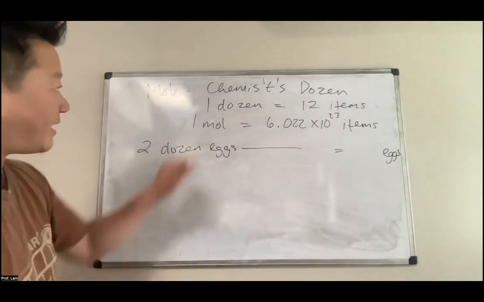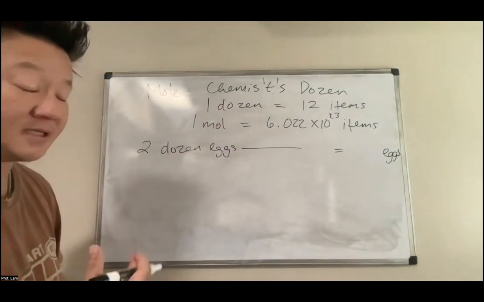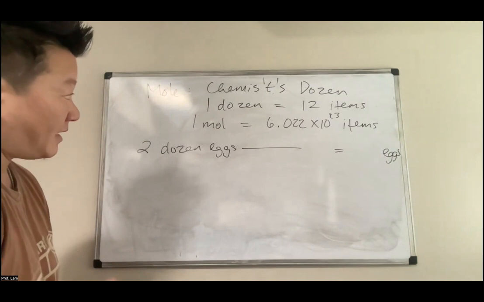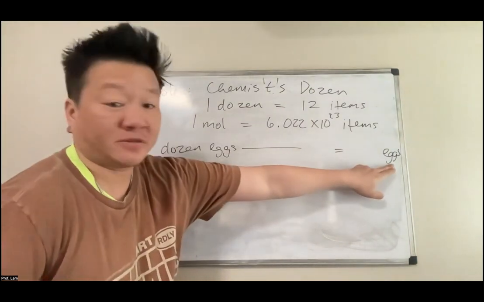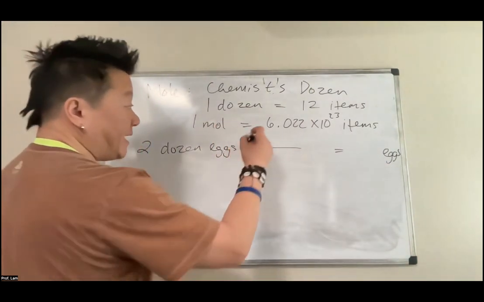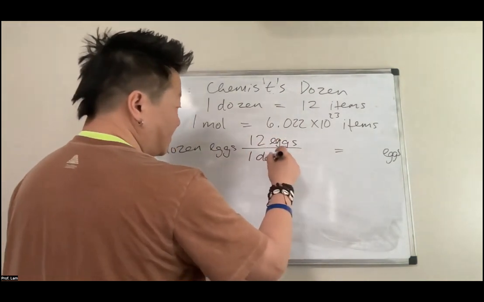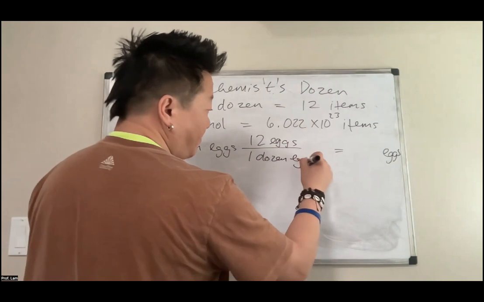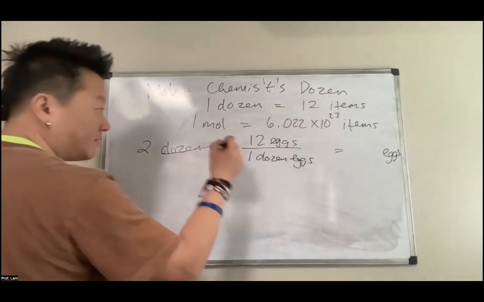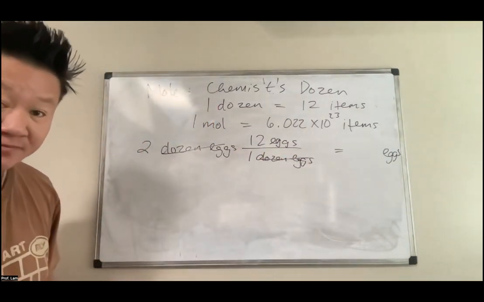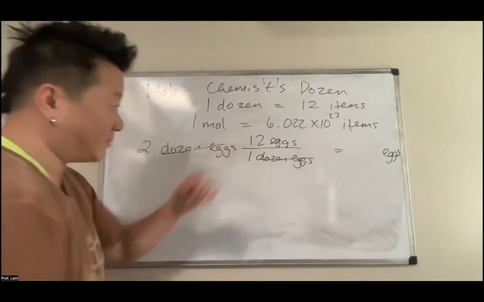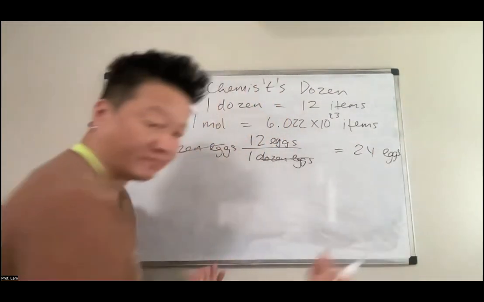We have the true statement, 1 dozen is 12. And since we want eggs out as the answer, we need eggs to be on top. So 12 eggs on top, 1 dozen eggs on bottom, so that dozen eggs cancel. Now you have 2 times 12 is 24.